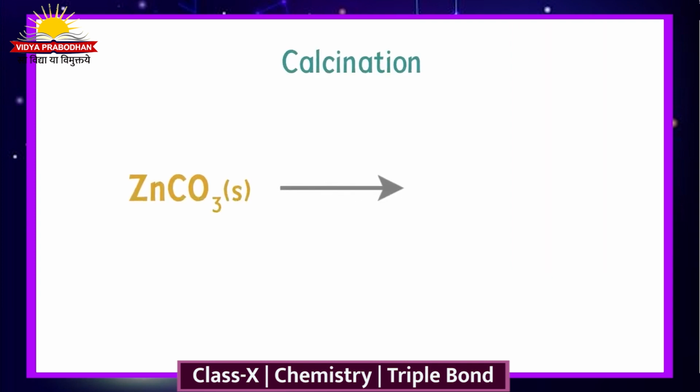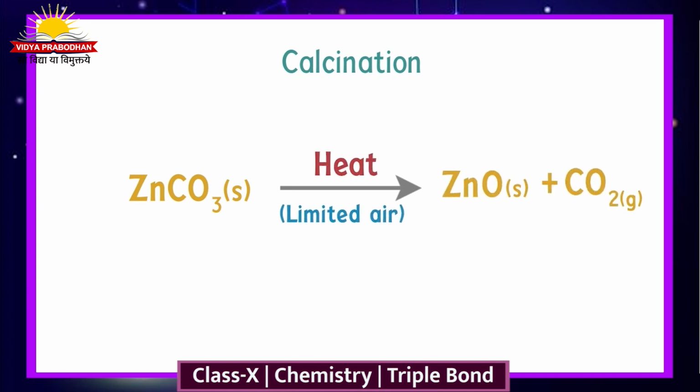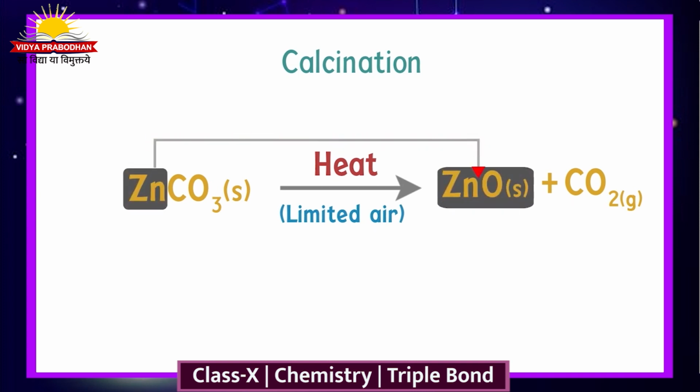Thus, when calamine ore, that is zinc carbonate, is heated strongly in the absence of air, that is, when calamine is calcined, it decomposes to form zinc oxide and carbon dioxide. Thus, calcination converts zinc carbonate into zinc oxide.